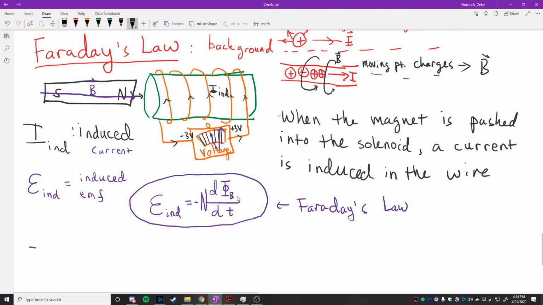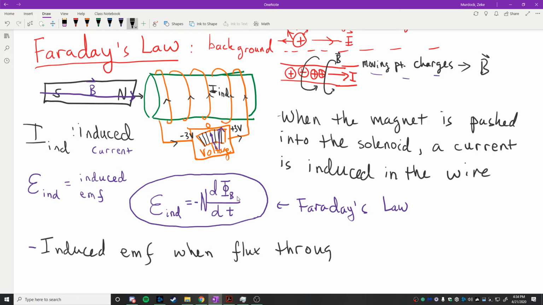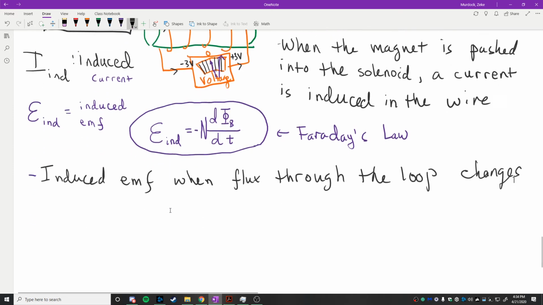You get an induced EMF when the flux through the loop changes, okay?